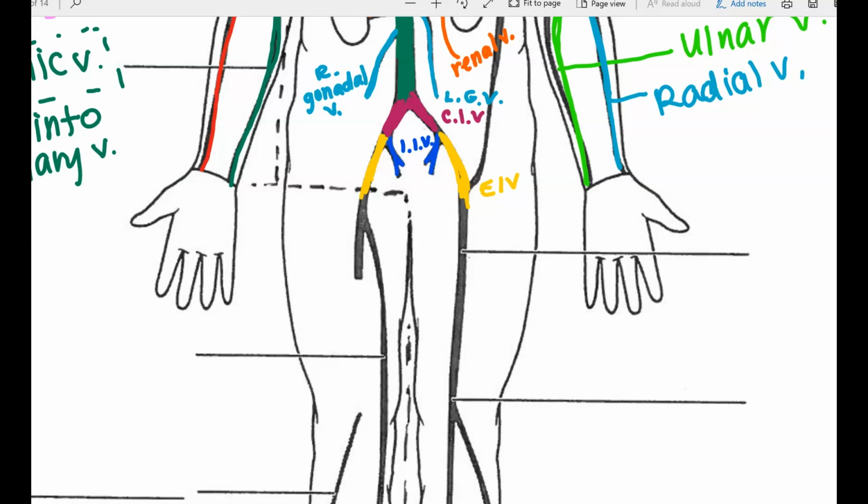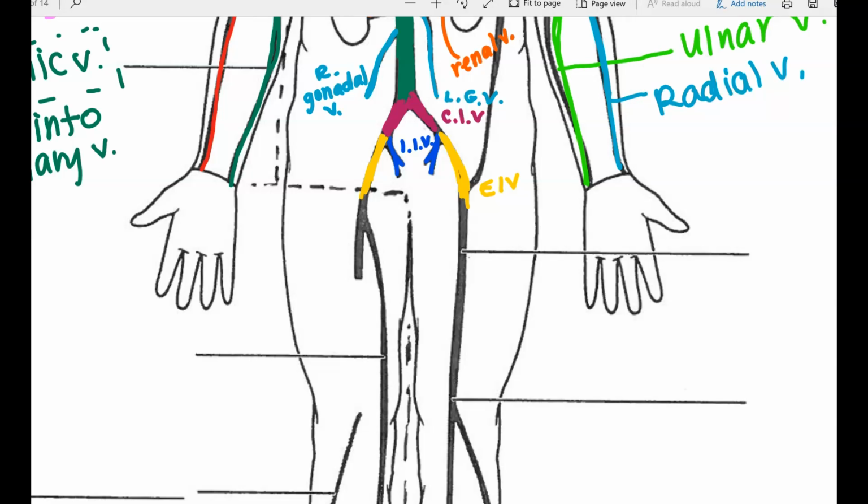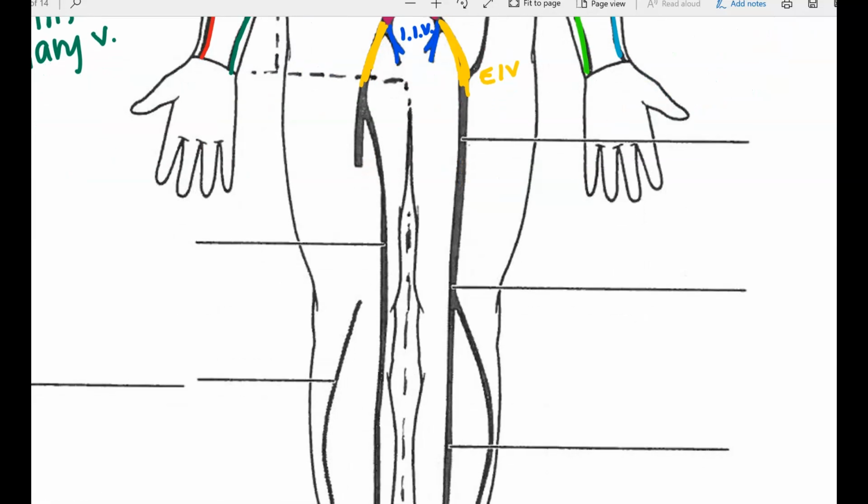Okay, and from there, once we pass that inguinal ligament, it is then going to become your femoral vein. So we can label that here, femoral vein.